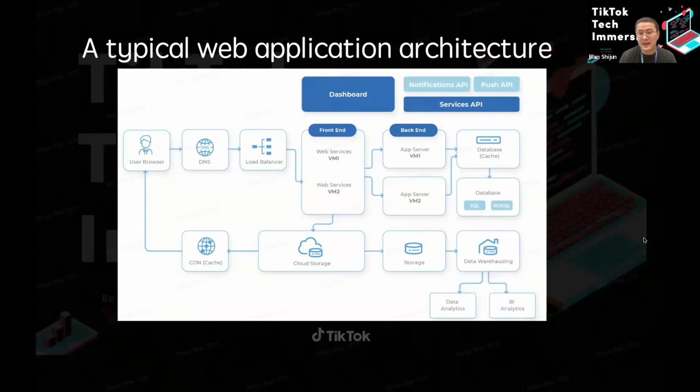We have a cache to tune performance. We have different choices of database. Then we have data warehousing, and more importantly, data analysis and BI analysis. We have a dashboard to show business metrics and sales metrics, and push notifications to call users back to the app.